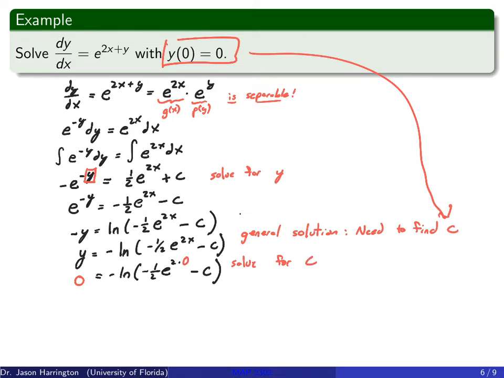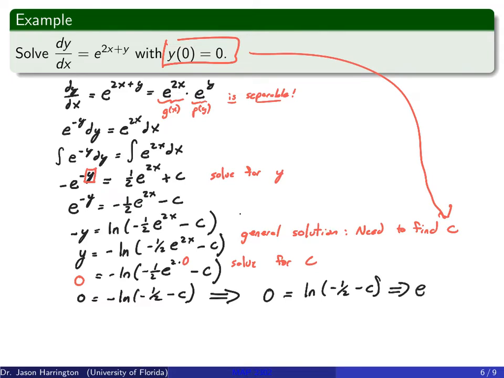Now, on the right-hand side, I'm getting 0 is equal to negative natural log of negative 1/2 minus c. And the negatives, I can multiply both sides by negative 1 and get 0 is equal to the natural log of negative 1/2 minus c. And then I can raise both sides to the power of e.